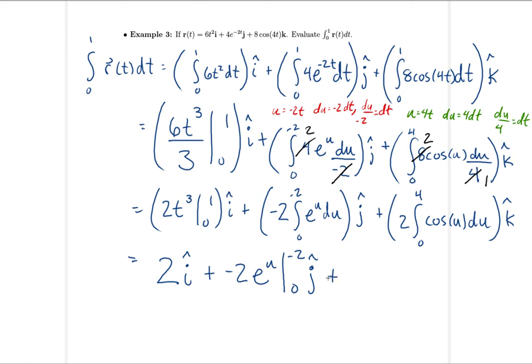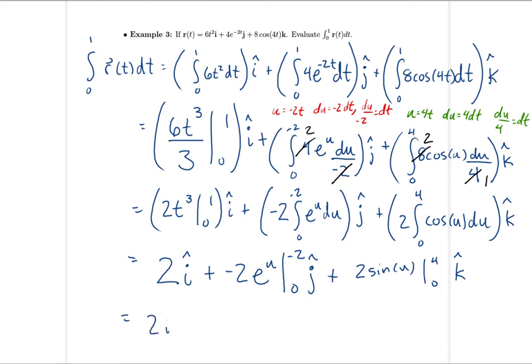plus, and I think the thing to emphasize here, we got a lot of work here, but notice it's staying a vector. It's still a vector in the end, right? We're preserving what's in the x component, the y component, the z component. So then we've got the antiderivative of cosine is sine, so 2 sine of u from 0 to 4 k.